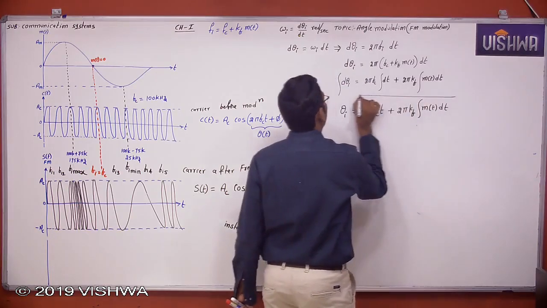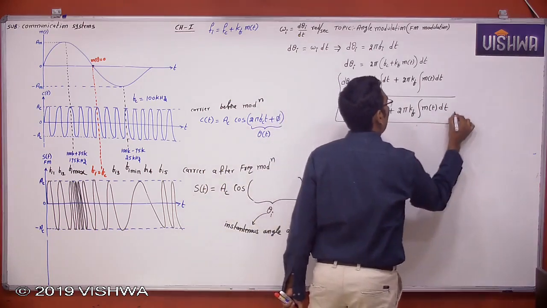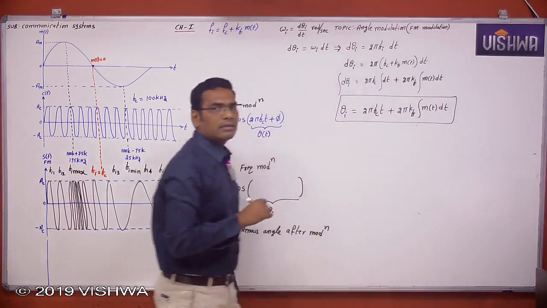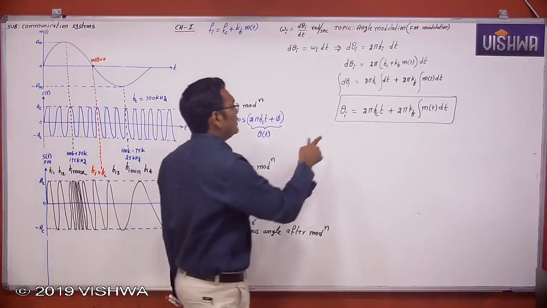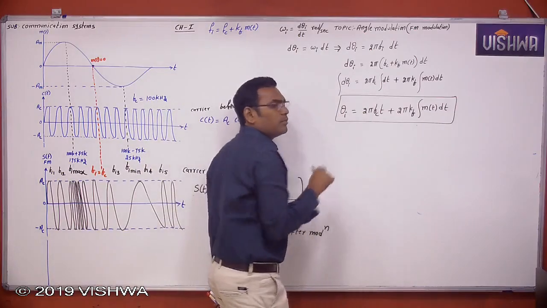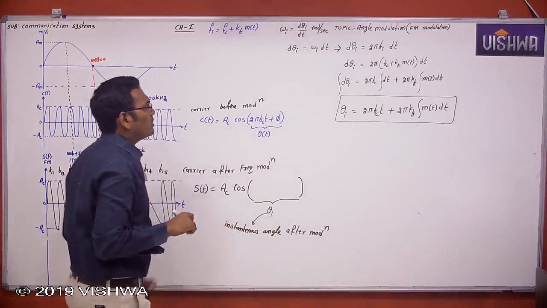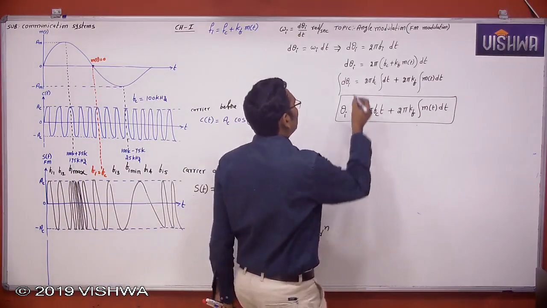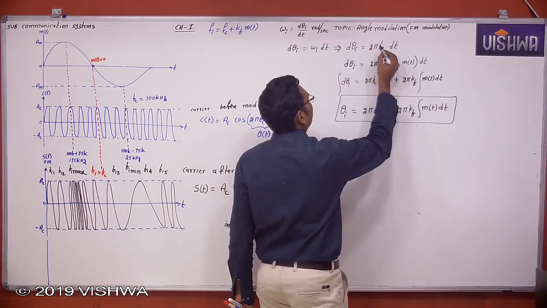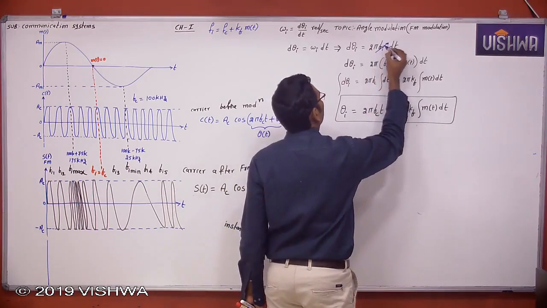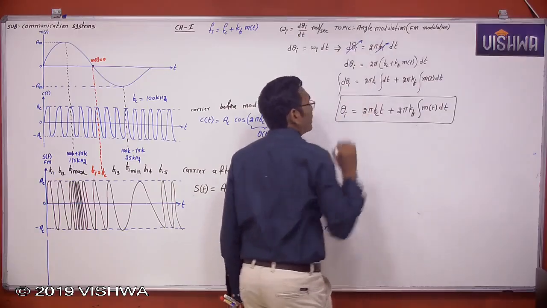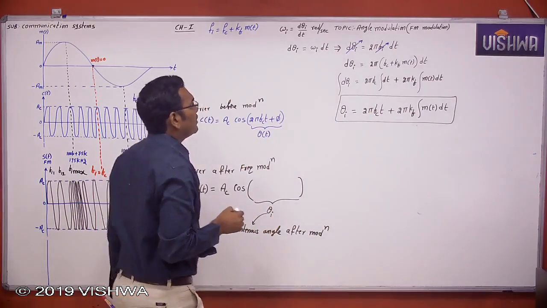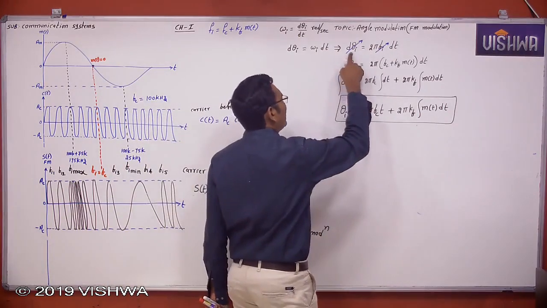Now this is the instantaneous angle after FM modulation. This is theta I, the instantaneous angle after modulation. Am I right? Now you see here. When the instantaneous frequency is changing, the angle changes. Am I right? The instantaneous frequency is changing, the instantaneous angle changes.